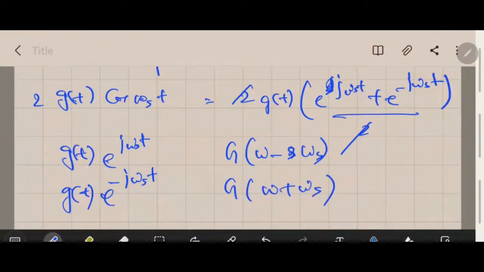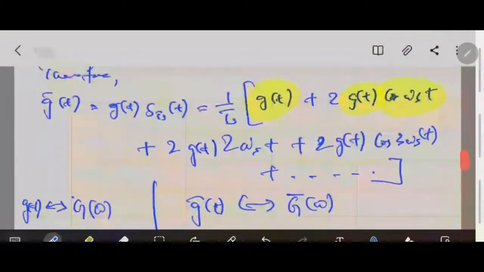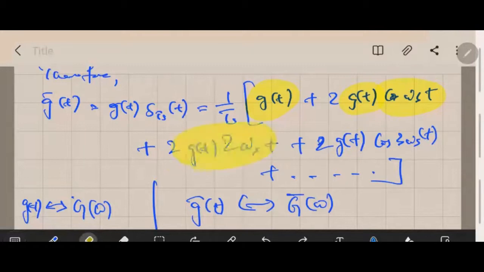Okay. In the same way, if you see, we have other terms also, right? Here we have other terms also. G of t, 2 cos 2 omega st. Sorry, I think I left cos somewhere. Cos 2 omega st. Then cos 3 omega st. In this way, we have different terms.